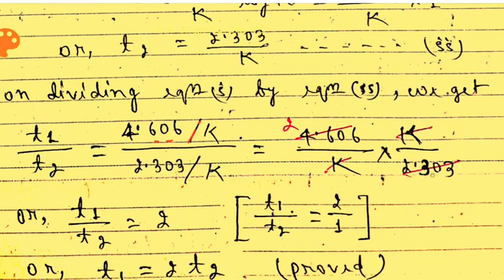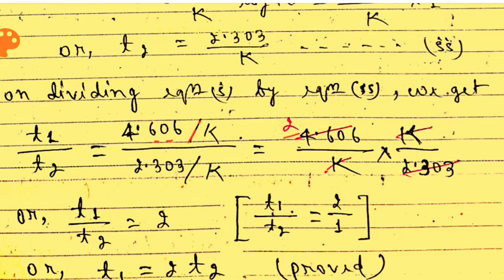Now k cancels, and 4.606 is divided by 2.303 two times.